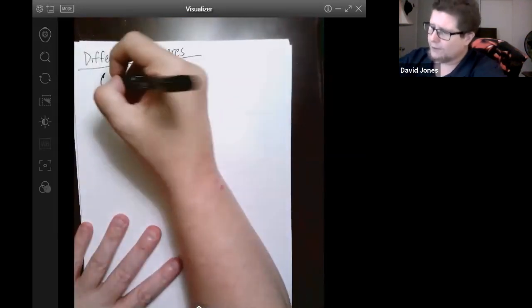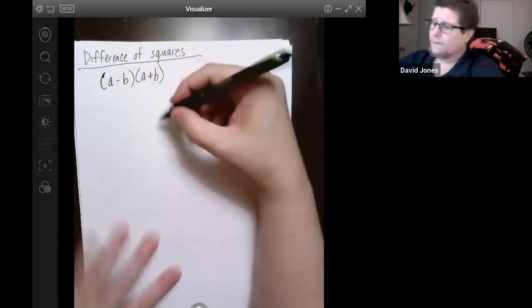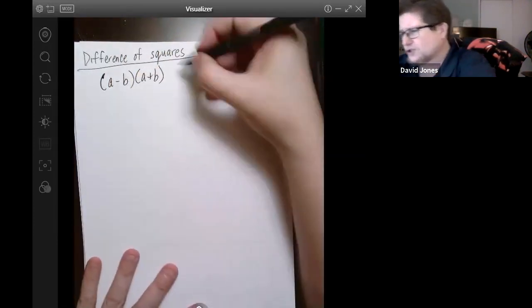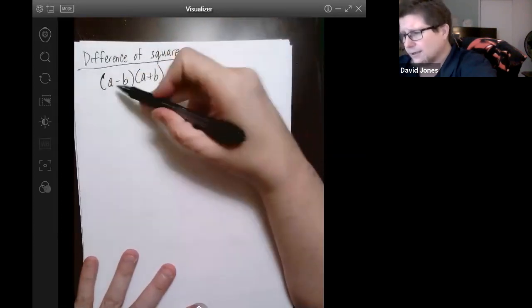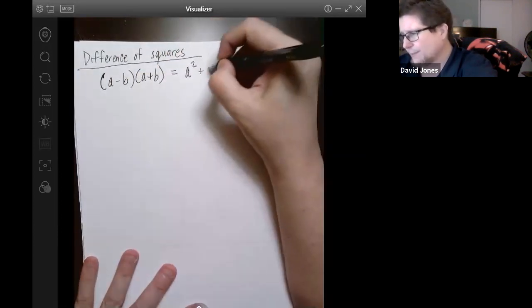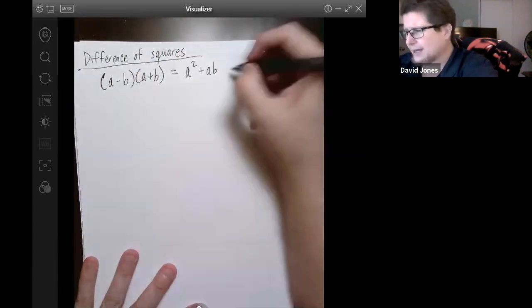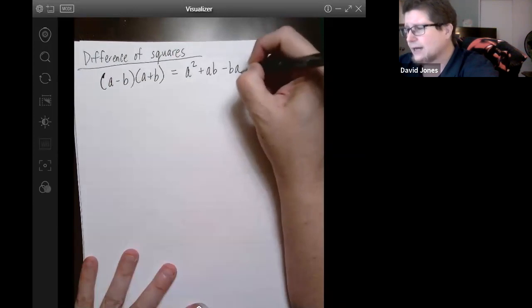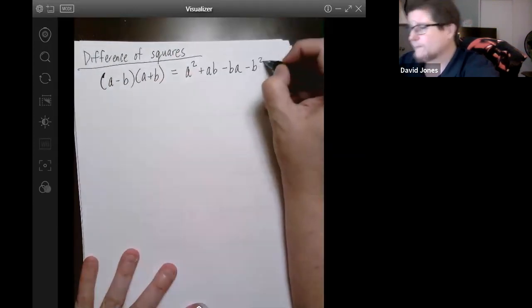If I start off with a minus b and I multiply it by a plus b, if I distribute, I get a times a is a squared, then a times b is plus ab, and then negative b times a is negative ba, and negative b times b is negative b squared.